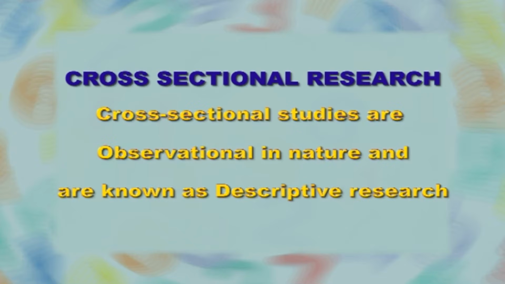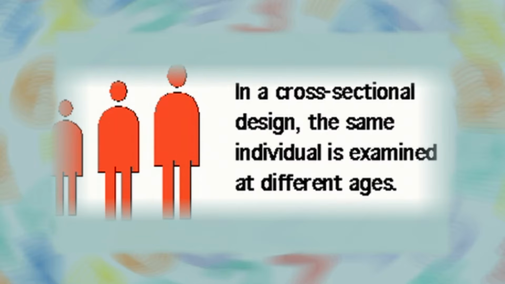Let us see what is cross-sectional research. Cross-sectional studies are observational in nature and are known as descriptive research. Researchers record the information that is present in a population, but they do not manipulate variables.